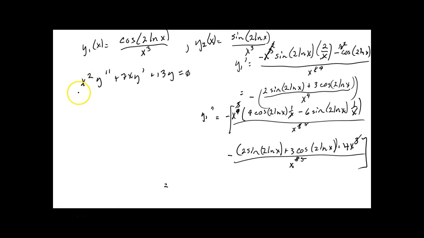Let's write our numerators down: minus 4 cosine 2 ln x. I'm going to distribute that.